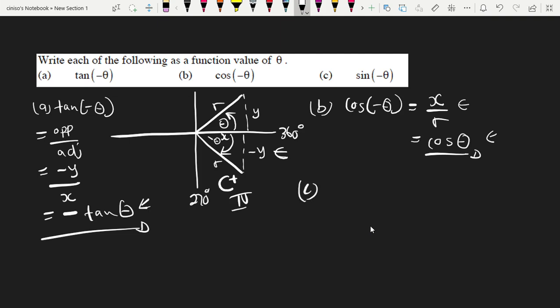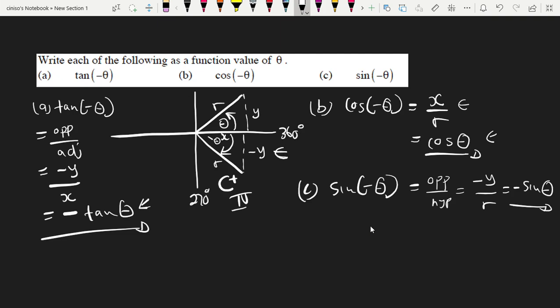sorry. So C, we have sine of negative theta. So according to our diagram, we have opposite over hypotenuse, right? So what is our opposite? Minus y over r. So minus y over r. So this tells us that we have negative sine of theta.